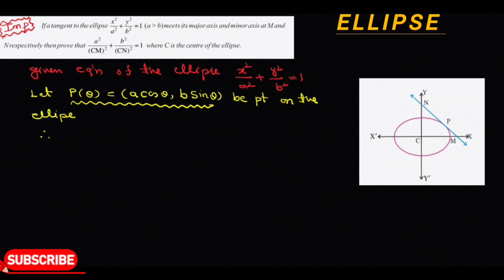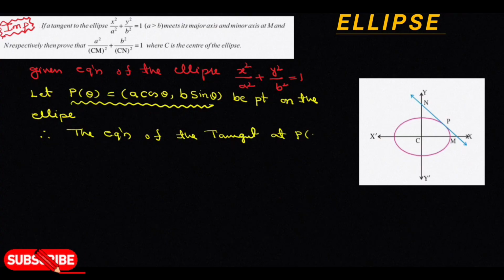Okay, therefore the equation of the tangent at parametric point P of theta is x cos theta by a plus y sin theta by b is equal to 1.